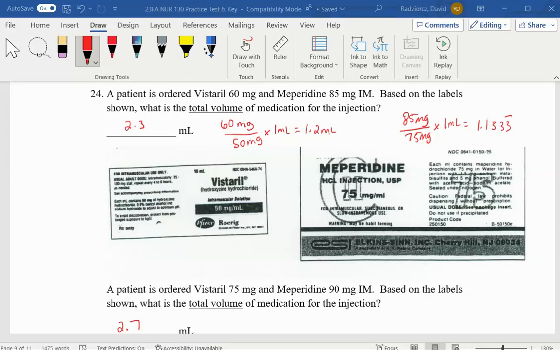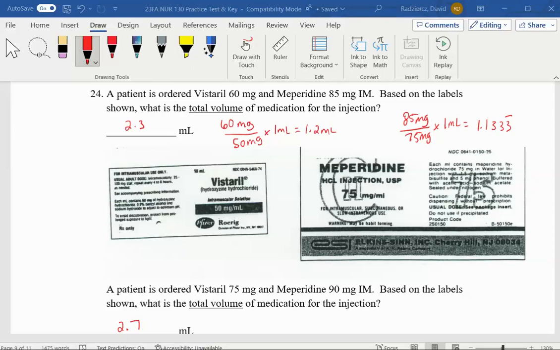I don't know what you mean by formula, but if you're getting the right answers with everything, and even the other examples that I'm showing you, and you're doing it a particular way, you're doing it right. And your test is going to be very similar. The only thing that's going to be different is maybe a different medication. So maybe instead of Visceral and Mepridine, it's two completely different medications, but they're still injectables.